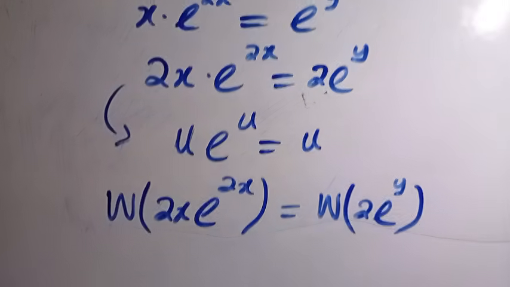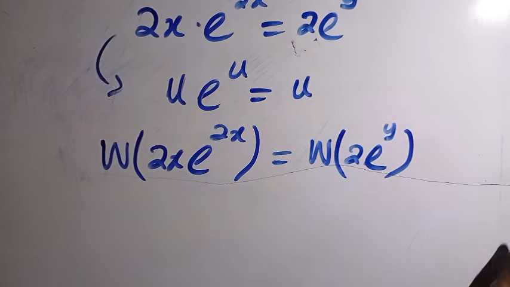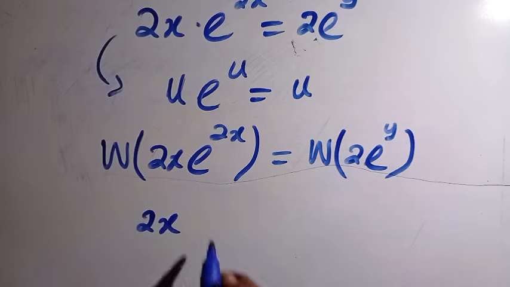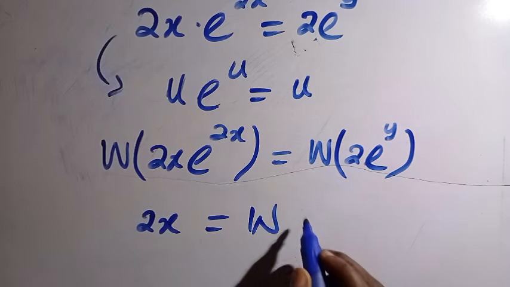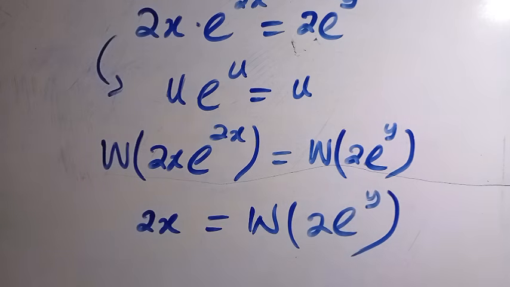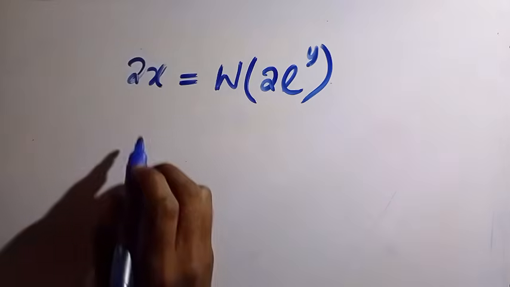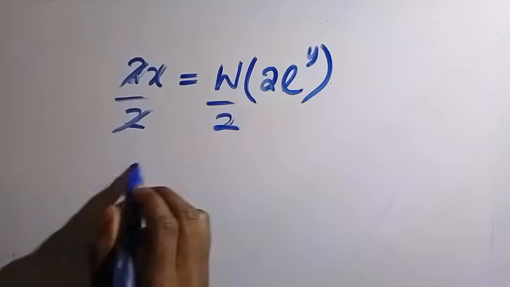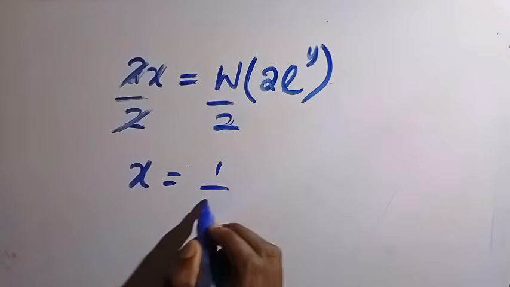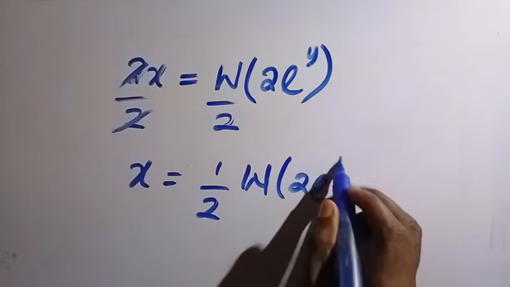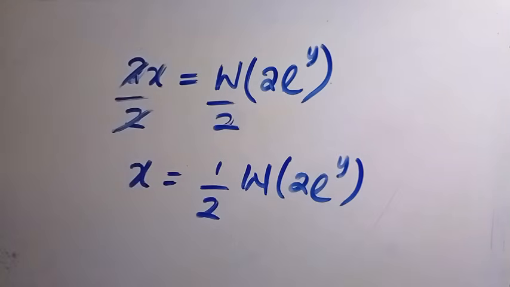Taking only 2x, we have 2x equals the Lambert W of 2 exponential of y. Then let's divide both sides by 2, and we have x equals 1 over 2 the Lambert W of 2 exponential of y.